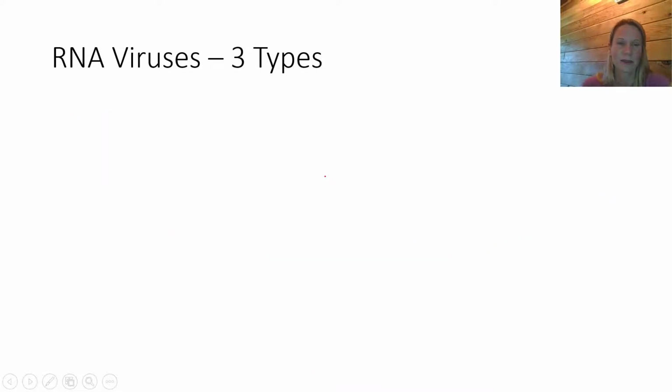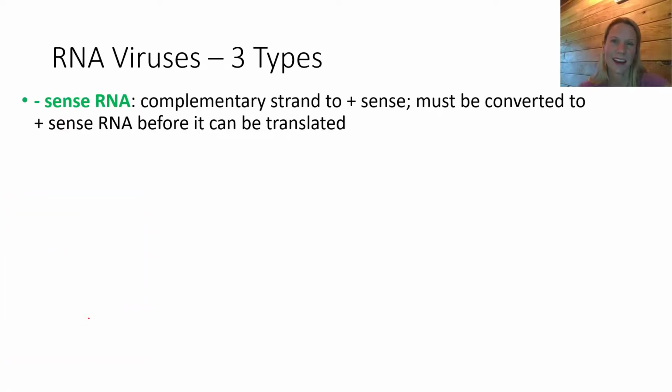Now let's look at the second type of RNA virus that I would like you to know. The second type is called the antisense RNA. So the antisense RNA has a single-stranded RNA genome. However, it is opposite in orientation to what the cell would use in order to make viral proteins.